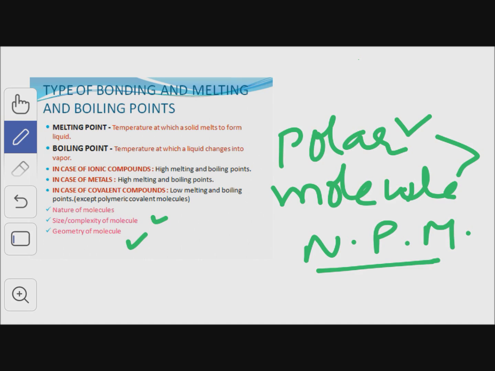Due to less force of attraction, they have low melting and boiling point.